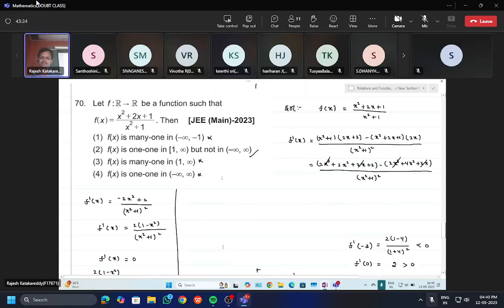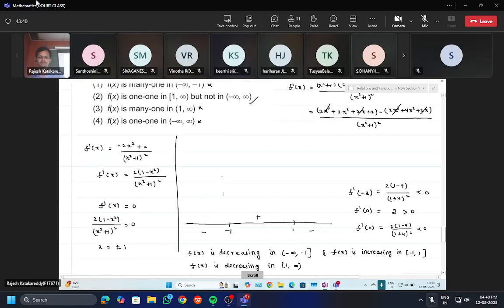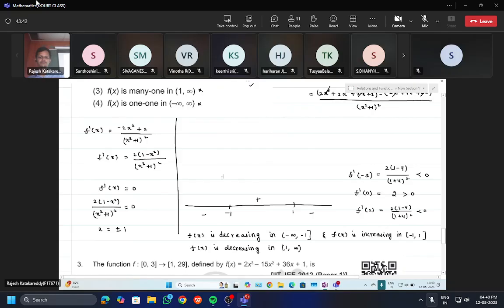Everybody copied this part of the slide? Can I scroll down? Copied, sir. Vibhas, Muthuselvan. Before solving next problem, let us understand increasing and decreasing functions in detail.